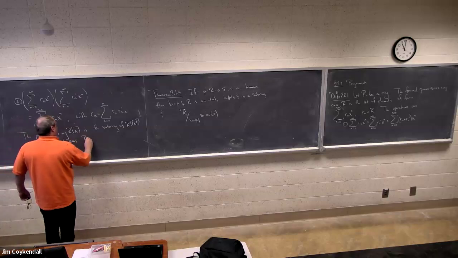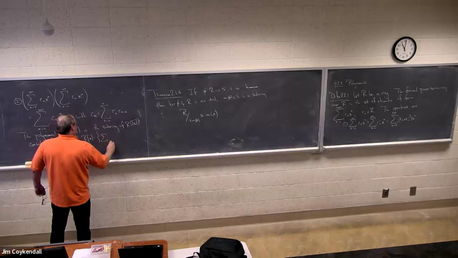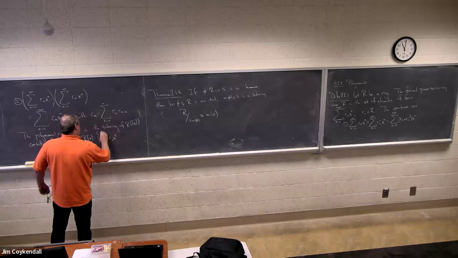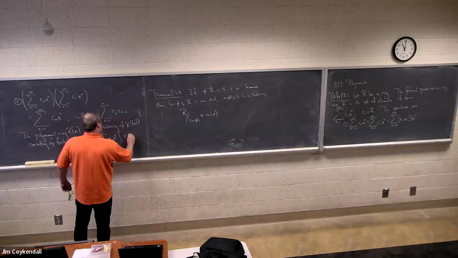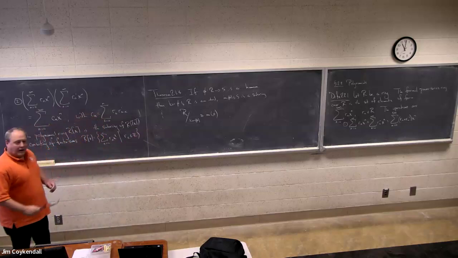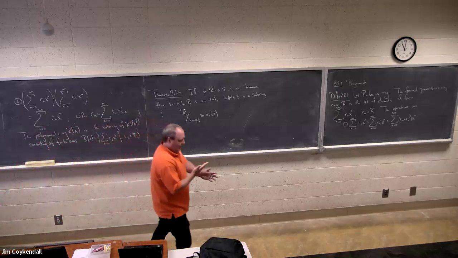That is, R[x] is the collection of sums from i equals 0 to n of r_i x^i. Okay, so that's my backwards definition of polynomials from power series.